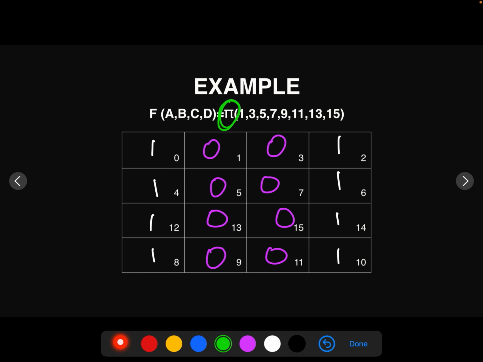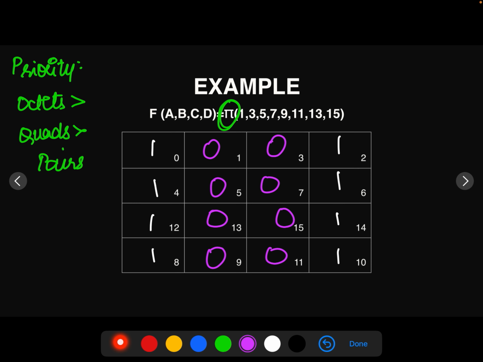When it comes to grouping, we group all of the zeros. If you remember, the priority order goes octets first, then quads, and then pairs. In this particular example, there is only one group we can create, and that's this octet group.